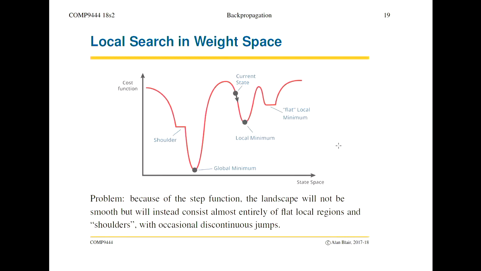The question was, instead of starting with a random set of weights, would it be better to start with the weights that are at the global minimum? Well, it's a good question about how to choose. You raise a few different issues. One issue is, how do you know?